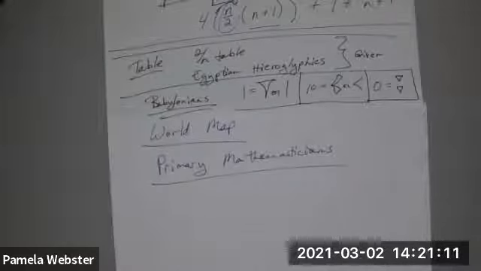I can get in here. Oh, list of primary mathematicians. It would have been on week 7 because I put them up a week early. I always try, but maybe it's sample questions. Okay, it is there. Is it week 7 or 8? Okay. I might have put it in 8 also.